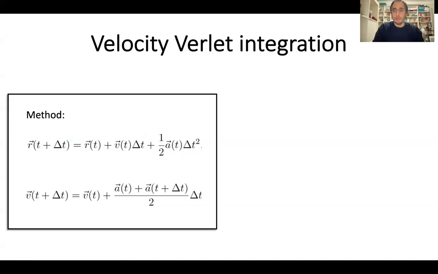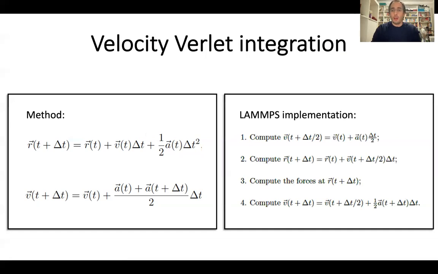So what LAMMPS does, and how it is implemented in LAMMPS, is that you have 4 steps. You start with a half step for the velocity, when you use the computed force from the previous step. And then you update the position. So you have a full step for the position from the initial position, using the velocities of the half step plus the time step, times the time step. And then you compute the force. Now you compute the force at these new positions of t plus delta t.